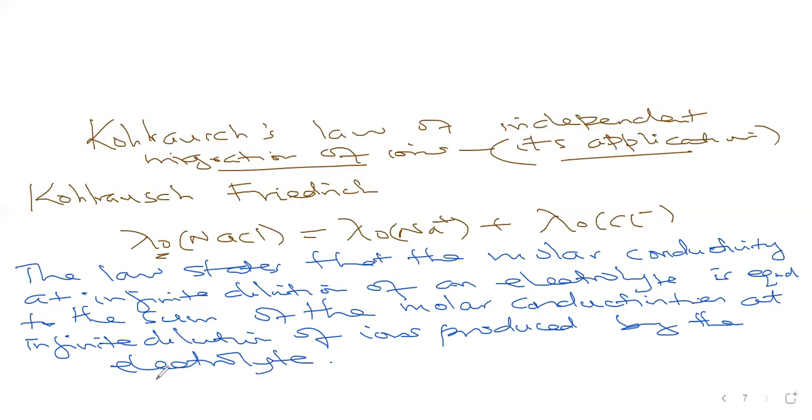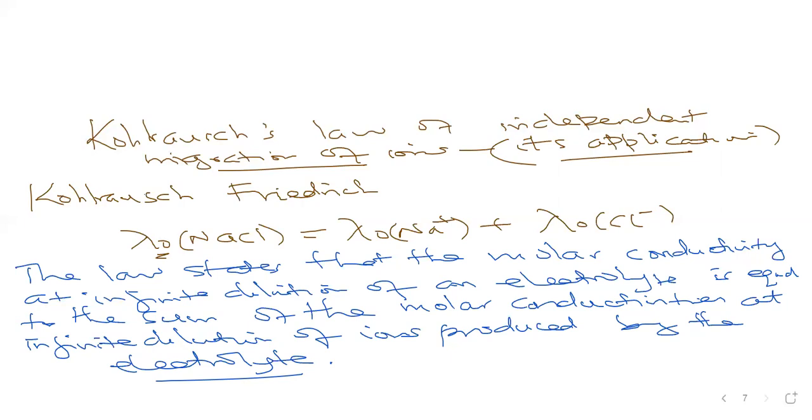It is very simple. It's the simplest law to state in chemistry. Kohlrausch's law states that molar conductivity at infinite dilution of any electrolyte is equal to the sum of the molar conductivity at infinite dilution of the ions produced by that electrolyte.